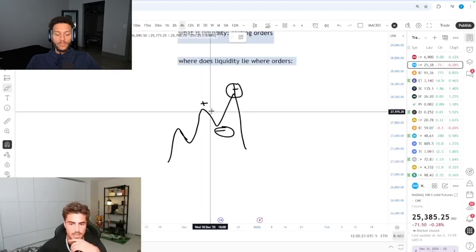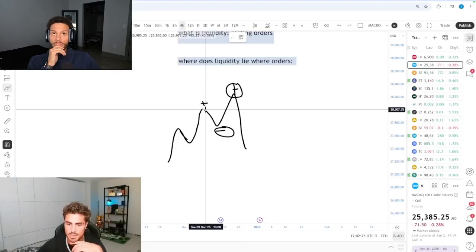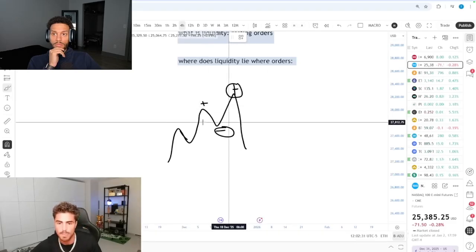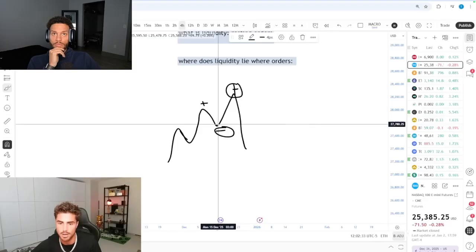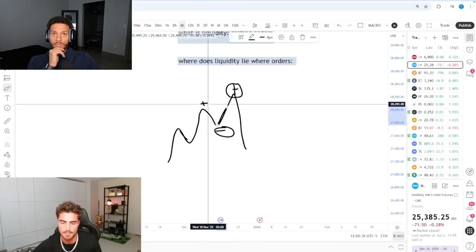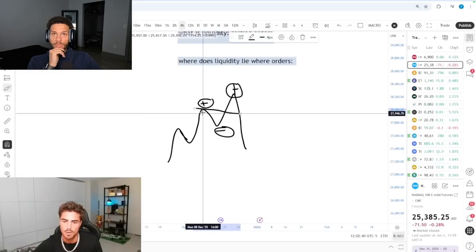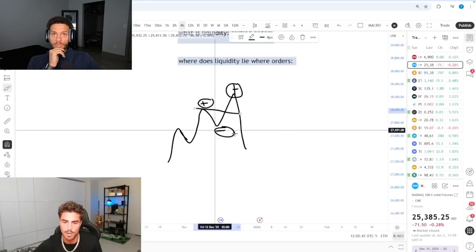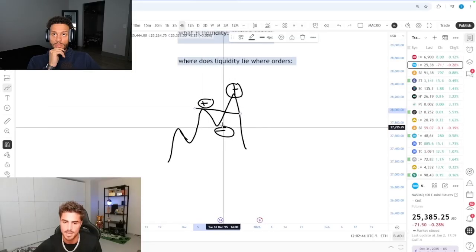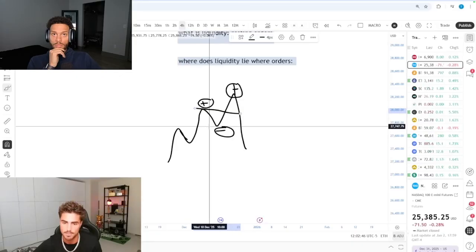So let's say, for example, right here, there are people that are pressing buy on this move up. The people that are pressing buy on this move up, where are their stop losses? Their stop losses are underneath this low.